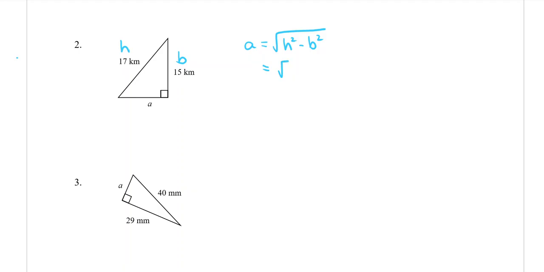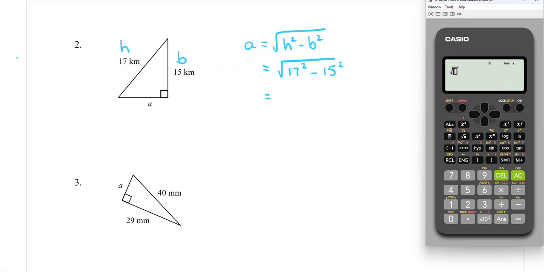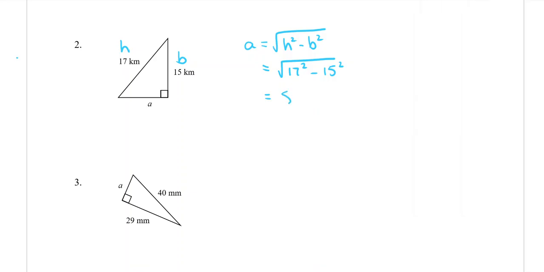Subbing in, we get the hypotenuse is 17 minus the shorter side, which is 15 squared. Then into the calculator. Square root 17 squared minus 15 squared is 8 kilometres.